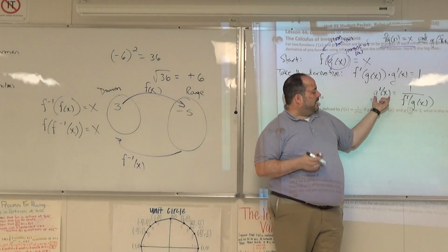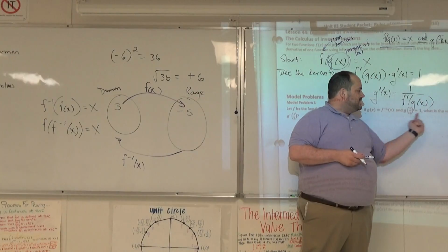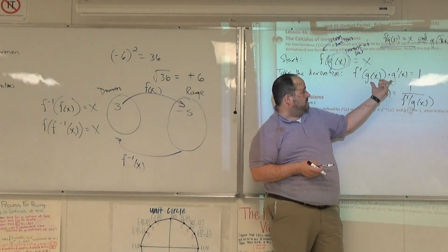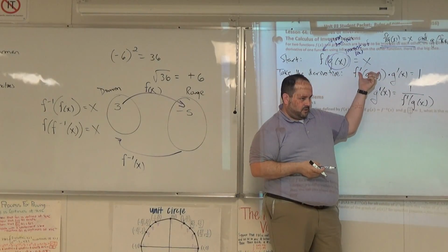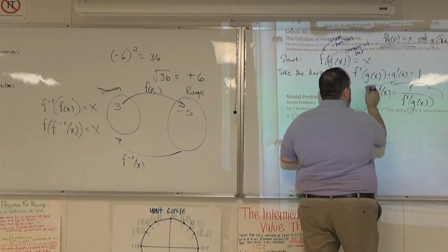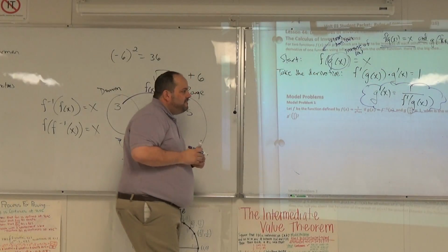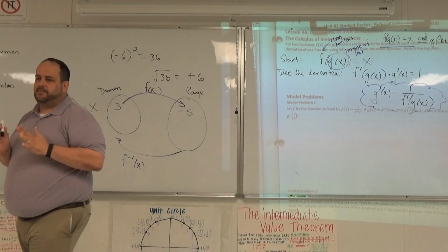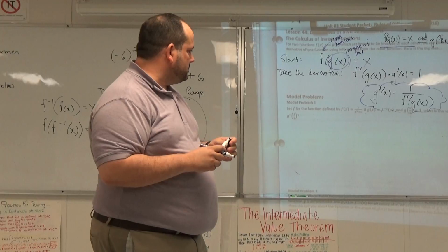But if I want to know the derivative of the inverse function, I'm going to use this relationship that we just proved using the chain rule and our definition of an inverse. This guy here would be the new thing to add on to your foldable: if f and g are inverses, then g prime is 1 over f prime of g of x.